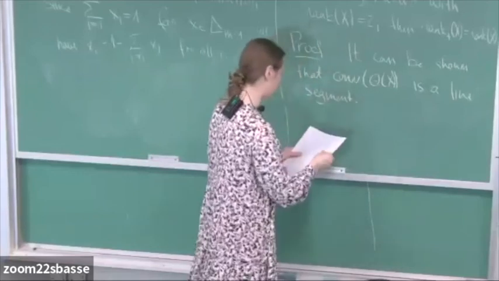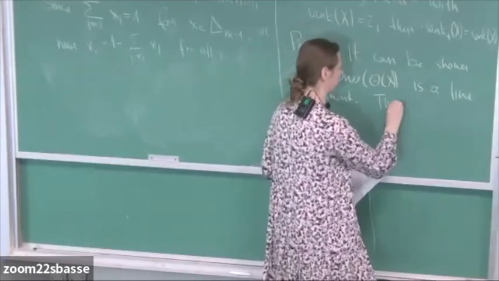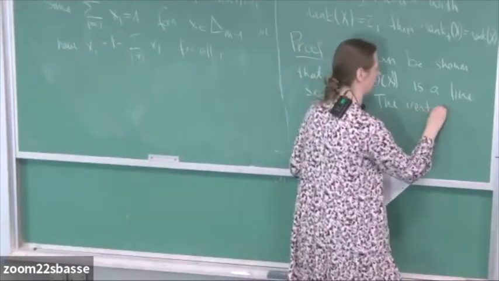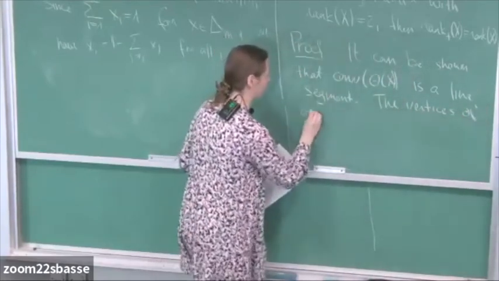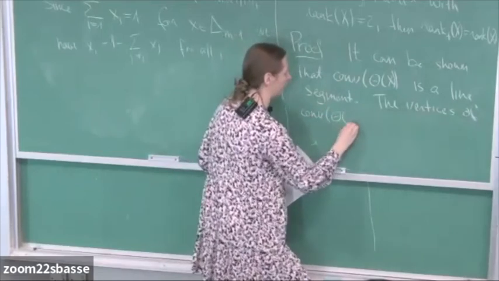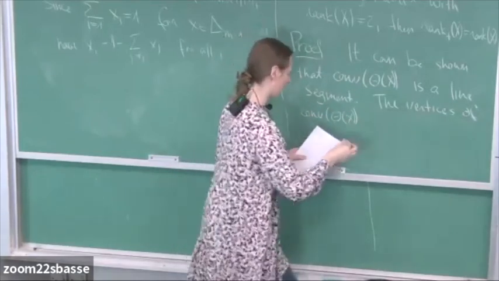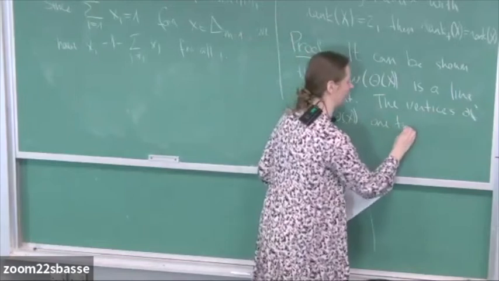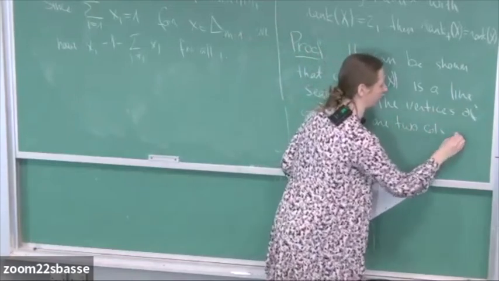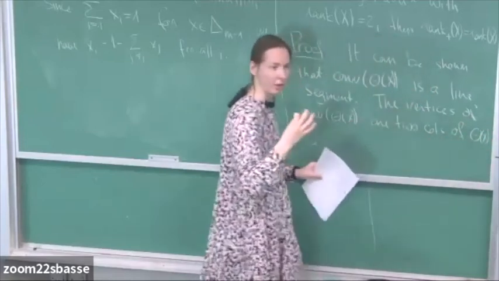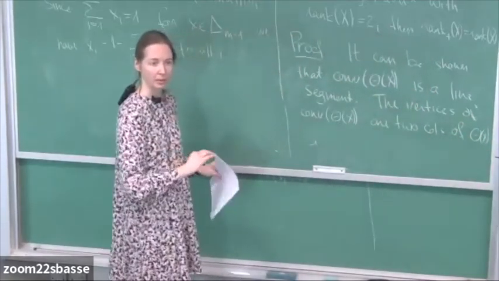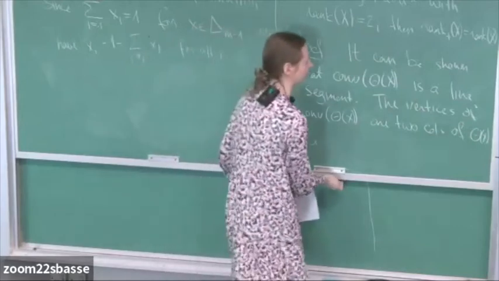And then the vertices of the convex hull of theta X are 2 columns of theta X. Remember, we talked about it, that the vertices are always contained in the columns of the matrix, but not every column is a vertex, right?